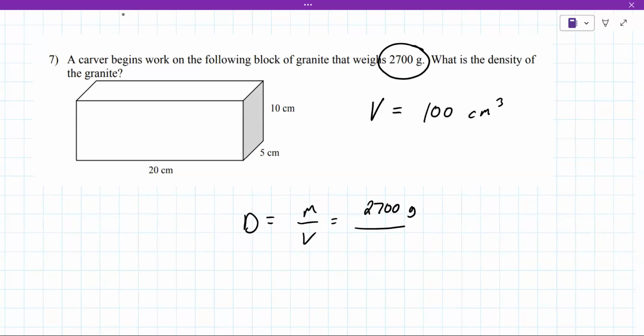That's the 2.7. Is 2700 the mass or the density? That's the mass. That's right. So 2700 grams is the mass. So that's 2.7 grams per centimeter cubed.